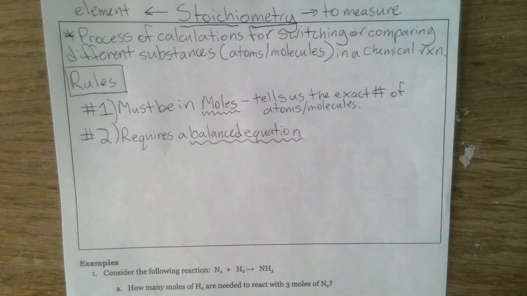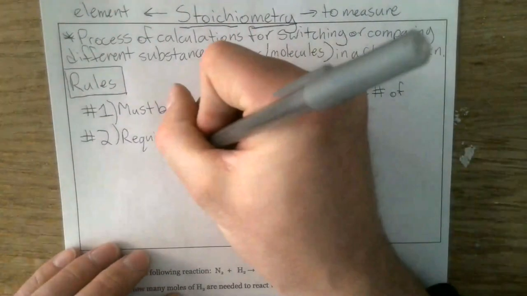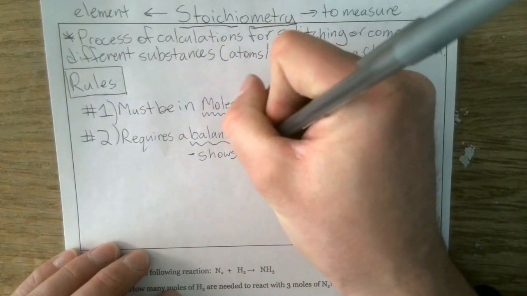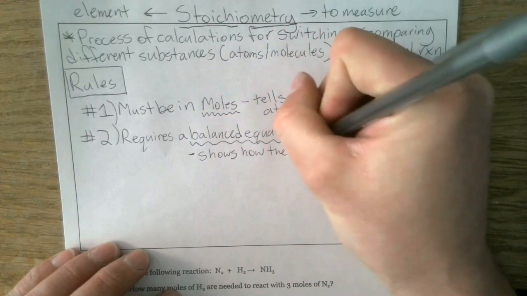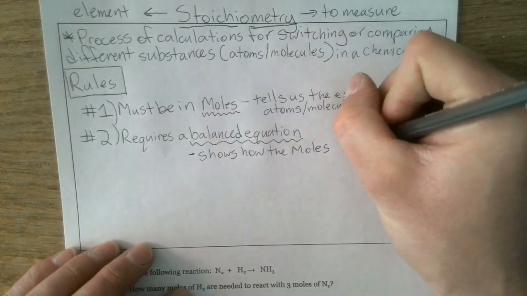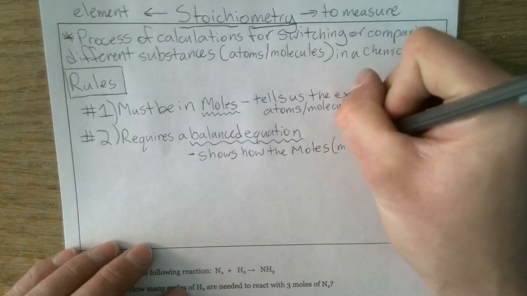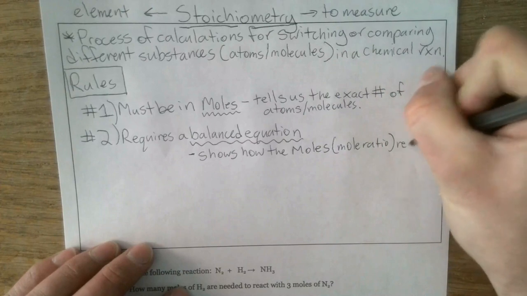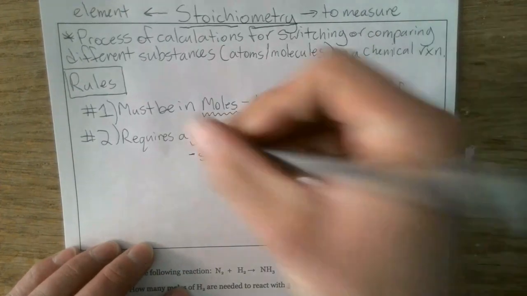So a balanced equation with the coefficients in front of it is going to determine the ratio between different parts of a chemical reaction. So a balanced equation shows how the moles, aka the mole ratio, relates to each part of the equation.